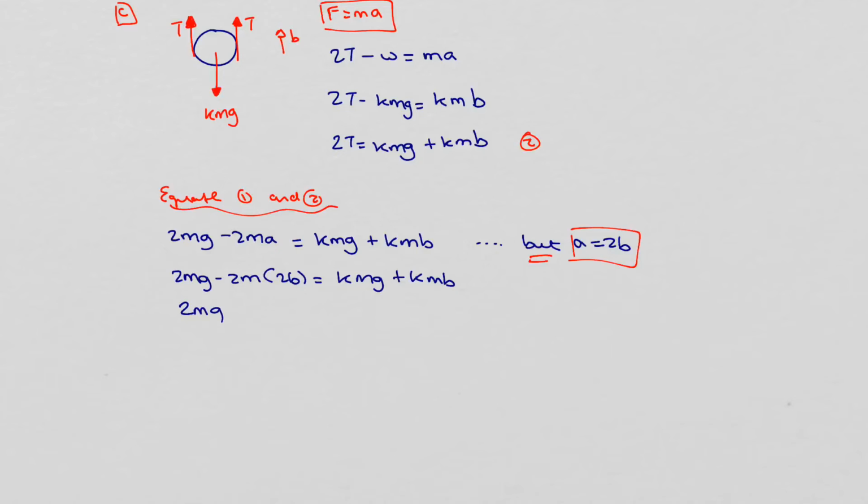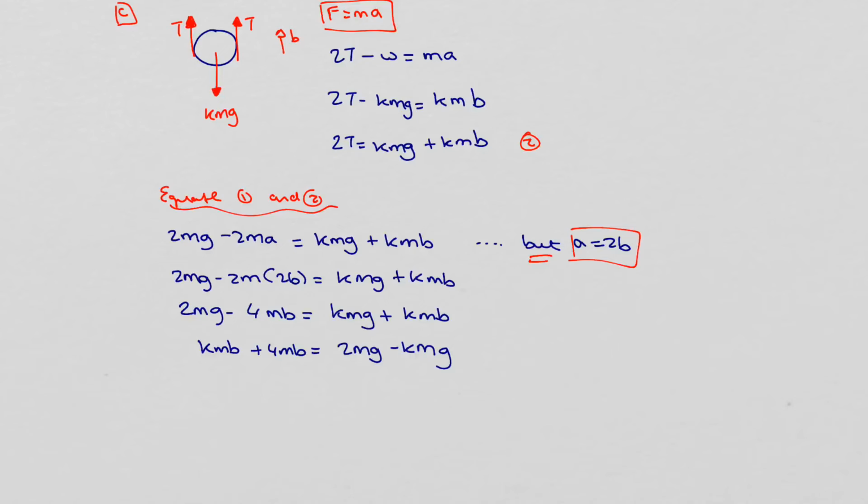So I now need to try and isolate b on its own. So that's 4mb is equal to kmg plus kmb. So I'm going to bring all of the b's to one side. So I have kmb plus 4mb is equal to 2mg minus kmg.